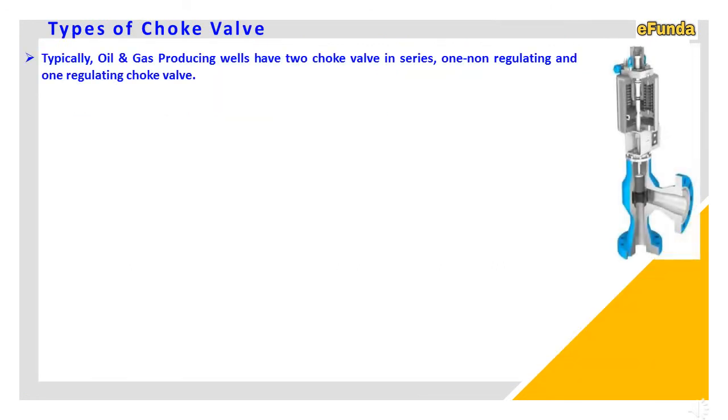Types of choke valve. Typically, oil and gas producing wells have two choke valves in series, one non-regulating and one regulating choke valve. Now we will see the types.